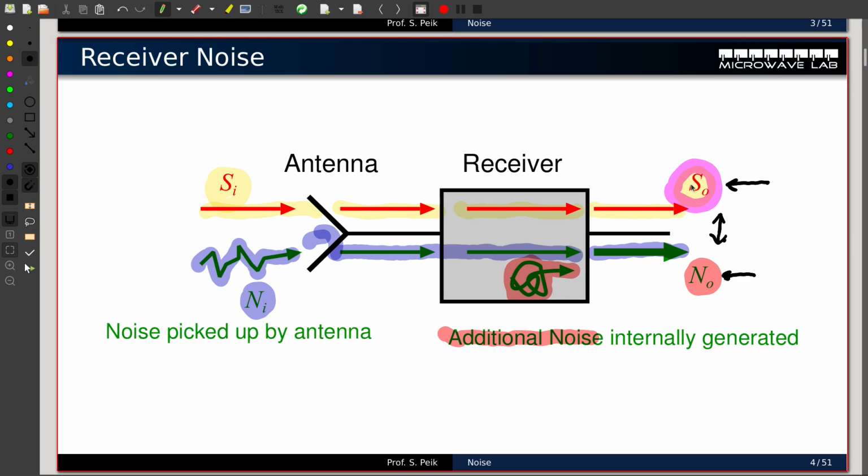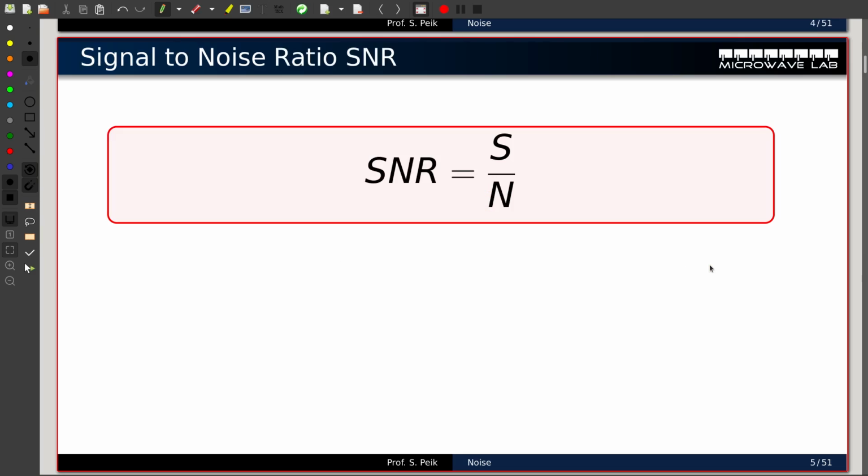When you have lots of signal, you can also afford lots of noise. When you have a tiny signal, which is really quiet, you also have to make sure you only receive a small amount of noise. And this ratio is known as the so-called signal-to-noise ratio.